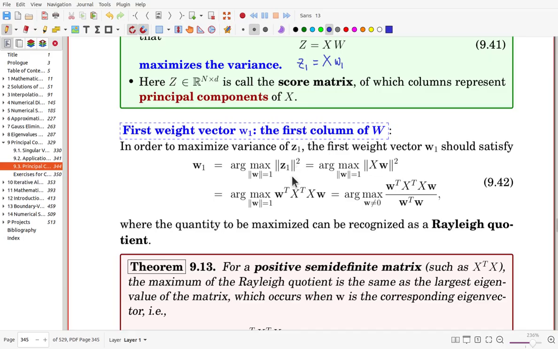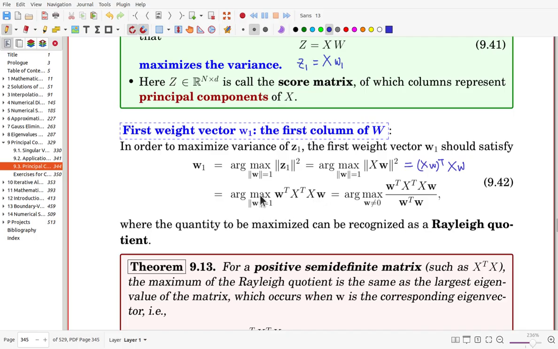We will try to find the W that maximizes this. That is W1. Among possible W, we try to find the one that maximizes it. It can be written this way because the norm squared of Xw is the same as (Xw) transpose times Xw.